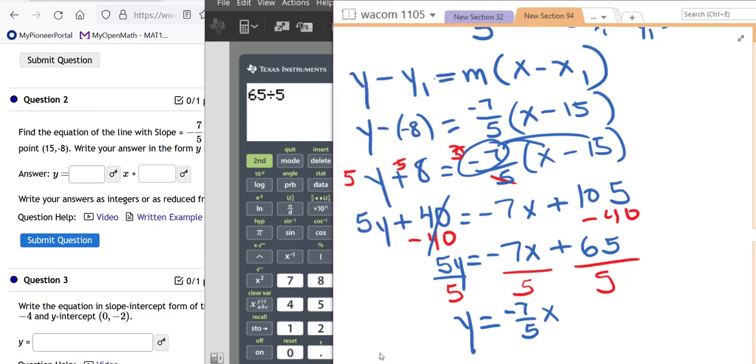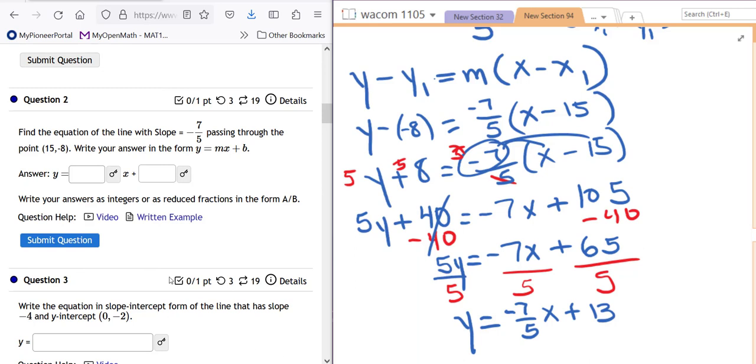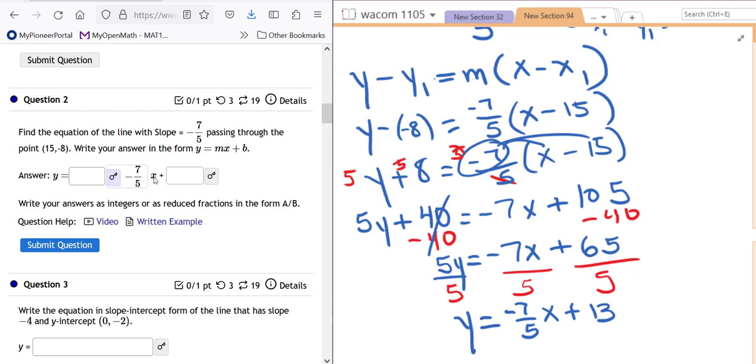And so we should clean that up. All right, and this was this one. So this will be -7/5. They had already put the x there for you, plus 13.